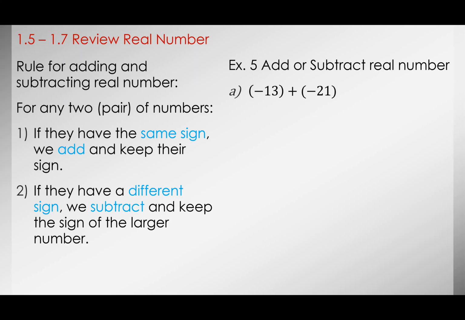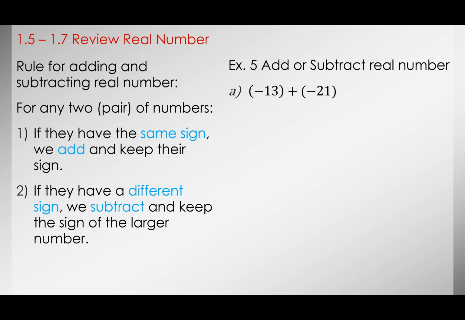So if you look at this, for A we have negative 13 plus negative 21. You ask yourself, these are my two numbers, negative 13 and negative 21. Do they have the same sign or different signs?